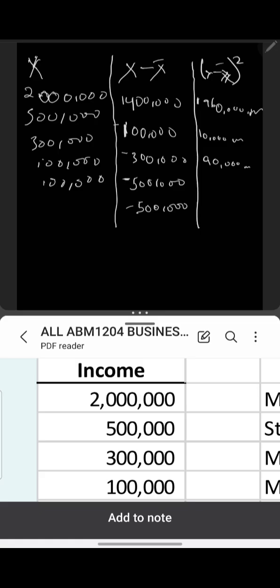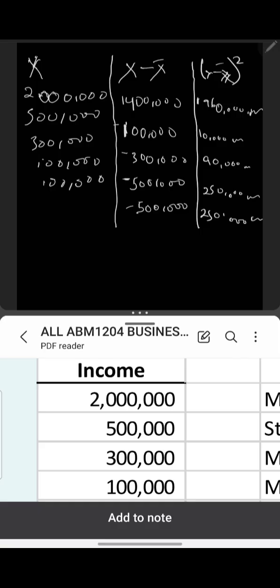It is this times this. 50,000 M. The same, 250,000 M.